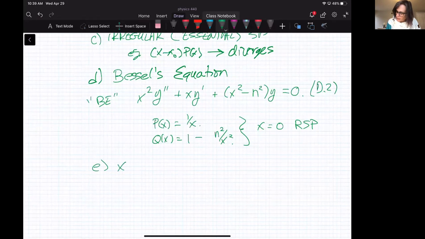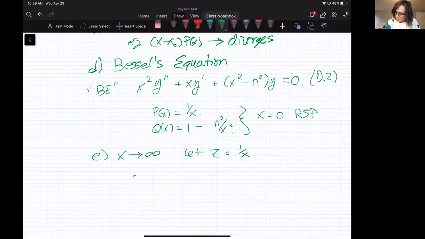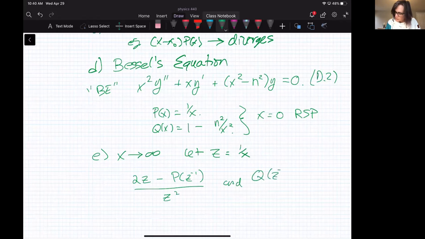If we look at the case where x goes to infinity and we let z be equal to 1 over x, then we can look at the case 2z minus p of z, minus z to the minus 1 over z squared, and q of z, minus 1 over z to the 4th.